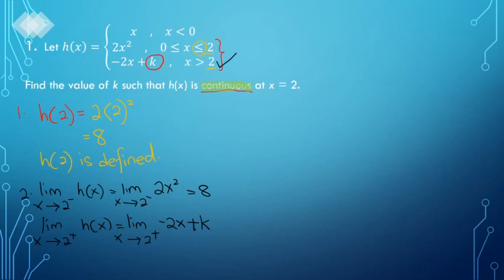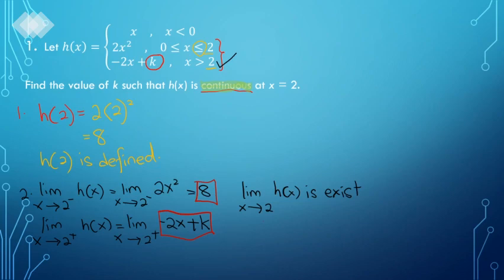So if it exists, then limit as x approaches 2 of h(x) exists. So it means the left side must equal the right side. So this one must be equal to this one.